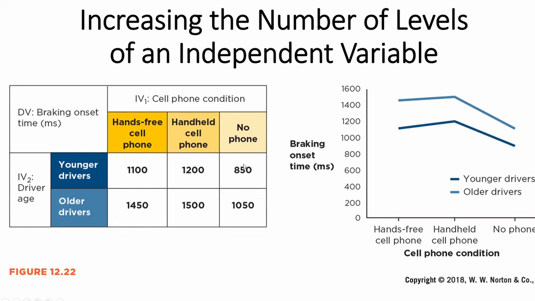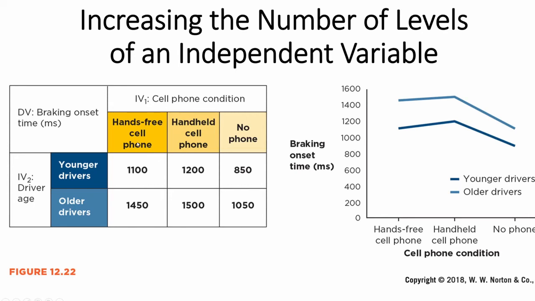Now, before we move on to our next addition to this, so far we've been talking about our 2x2 factorial designs. And so we were talking about 2x2 because we have 2 independent variables that each have 2 levels. So when we're talking about that 2x2, it's actually looking at the levels of each of those independent variables.